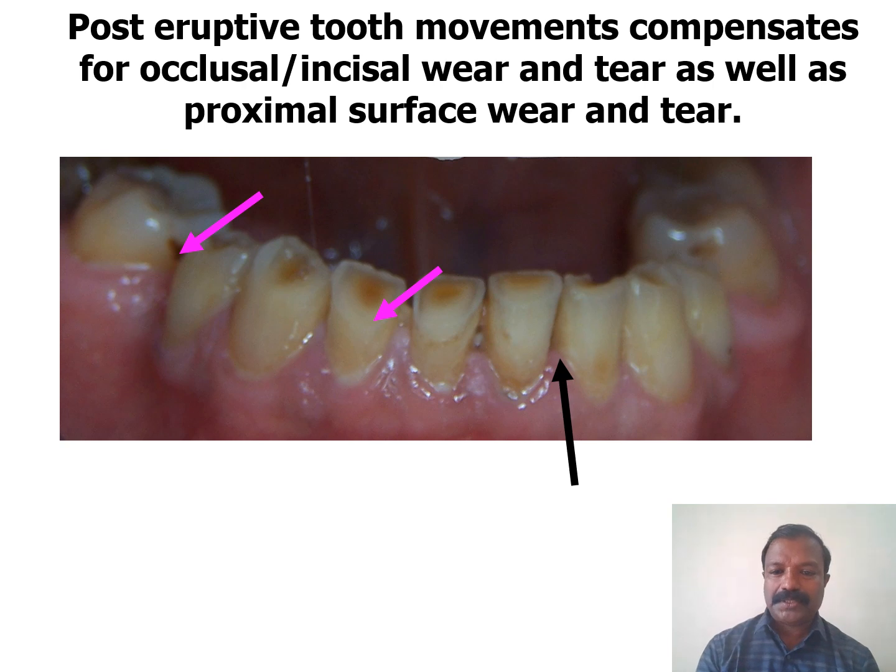The one which is there to accommodate along with the increase in height of the bone, and also the movement in order to compensate for the incisal or occlusal wear. It is happening in axial direction or vertical direction, whereas the movement to compensate for the proximal tooth wear is happening mostly in a mesial direction. So thereby there will be a decrease in the arch length.